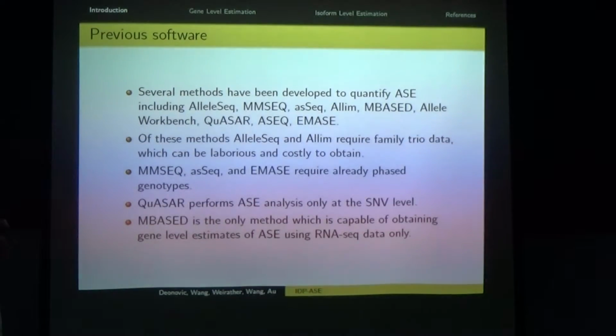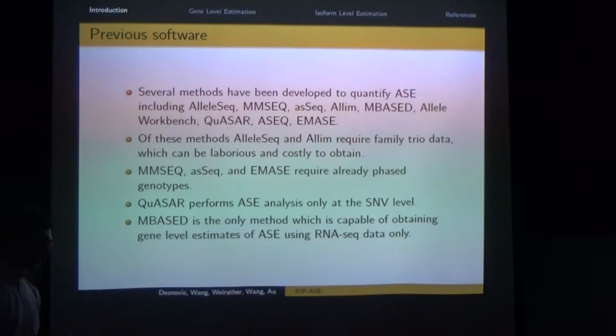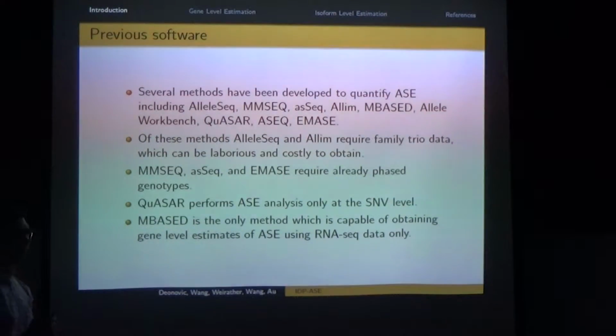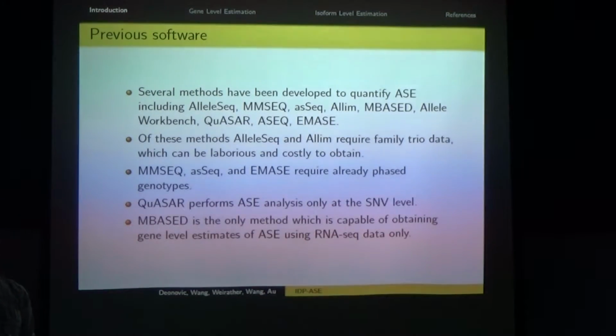A little background on some previous software. I have listed here some software that is aimed to analyze this ASE problem. But there's two major drawbacks to these methods. Many of them require family trio data. That is, they require sequencing data not only for the individual you're interested in, but also their parents.